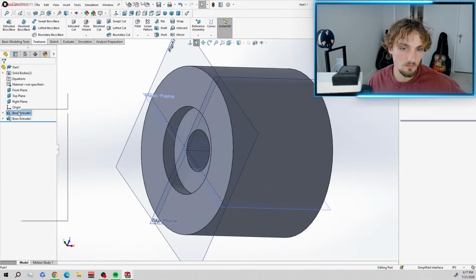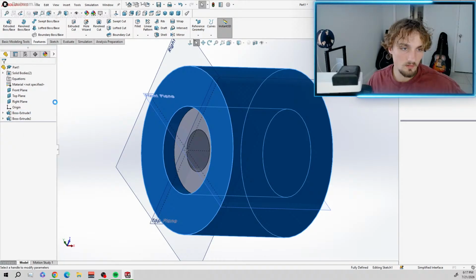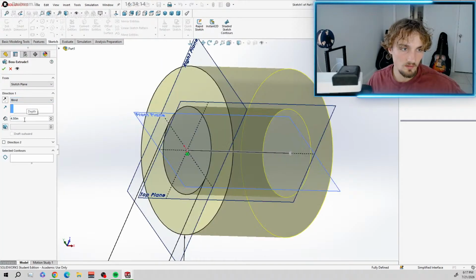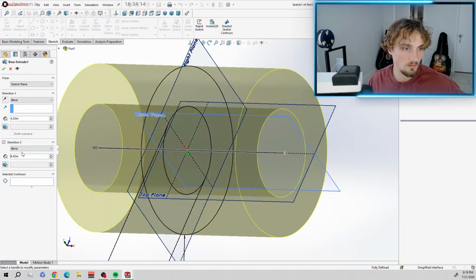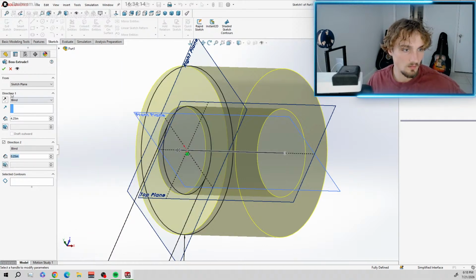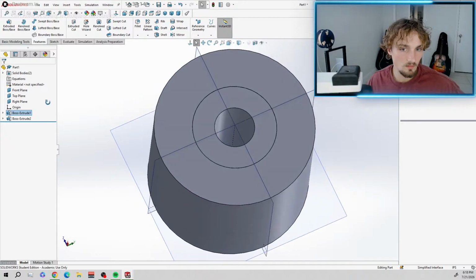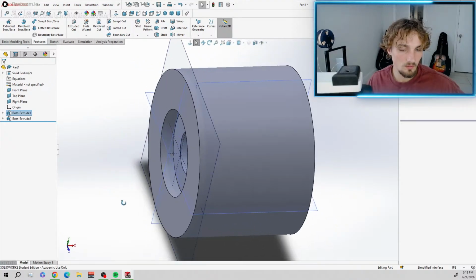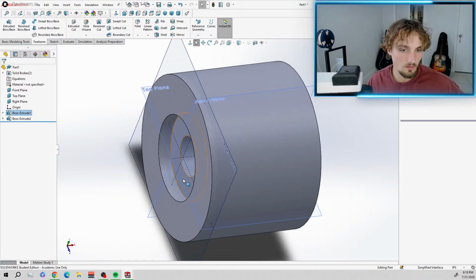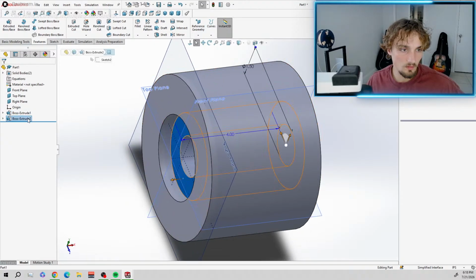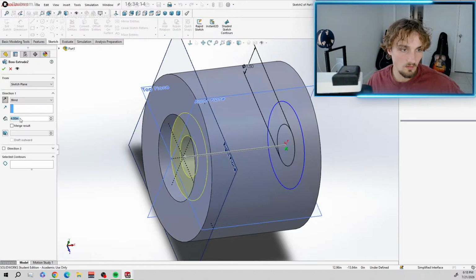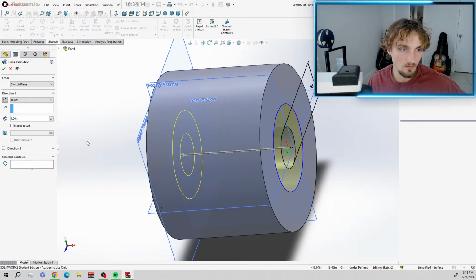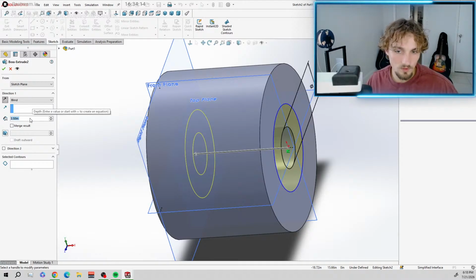What the fuck? It just keeps adding to one side. Bro. What?